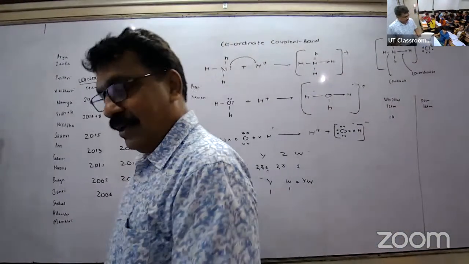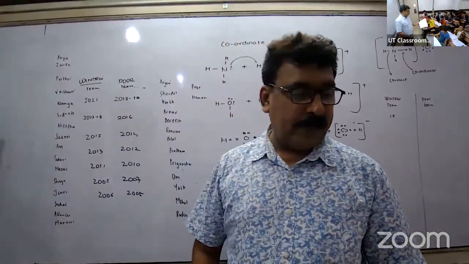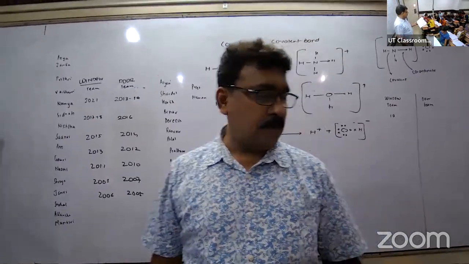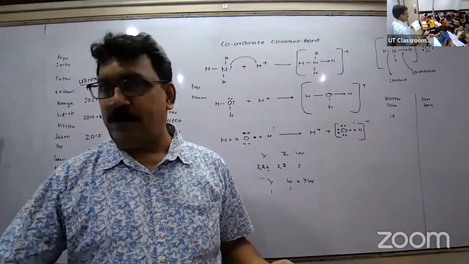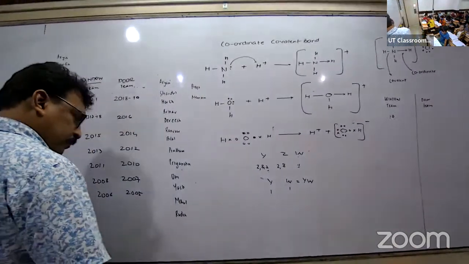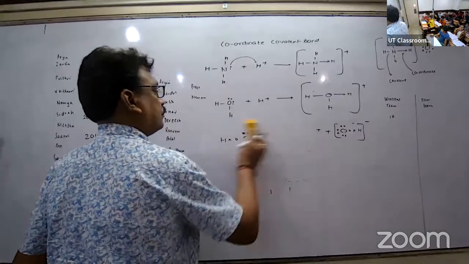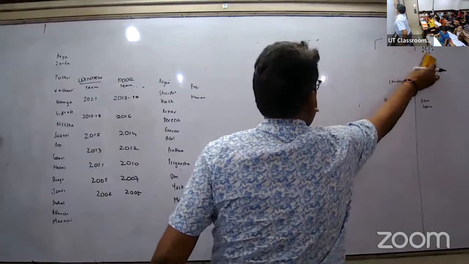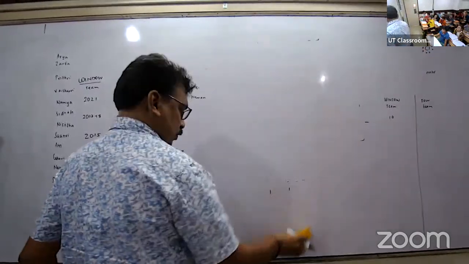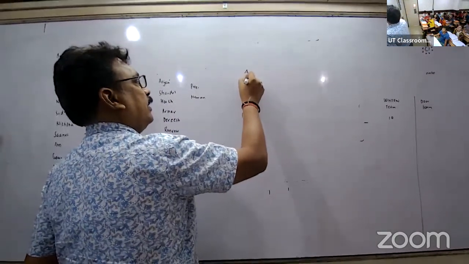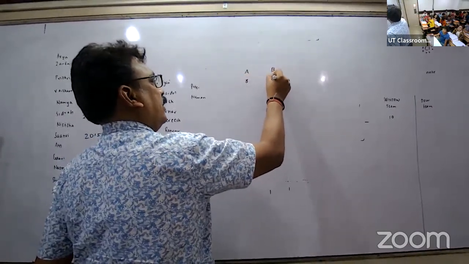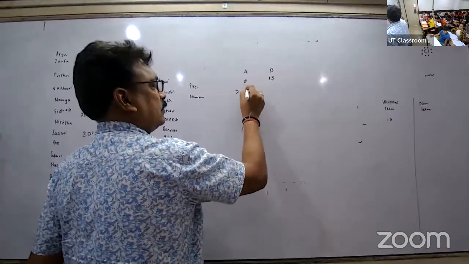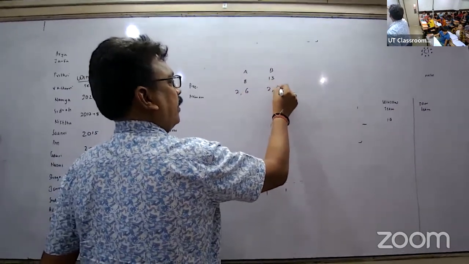Okay, next one. Elements A and B have electronic configuration 8 and 13 respectively. The chemical formula between A and B will be what? Now electronic configuration of A is 8 and B is 13, yes or no? How will you do this problem? Listen carefully. I'm just writing the question. यानी A का 8 है और B का 13, ठीक है ना? तो इसका इलेक्ट्रॉनिक कॉन्फ़िगरेशन आपको लिखना है. 2,6. इसका 2,8,3.